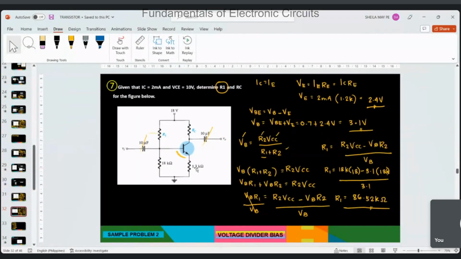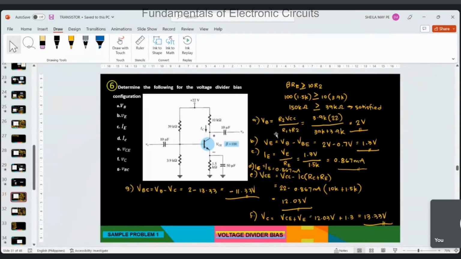Akong nasod sa kung nahuna kay katong VCC IC I think it's here. Gi-equate na ko zero which is BCE din na siya.